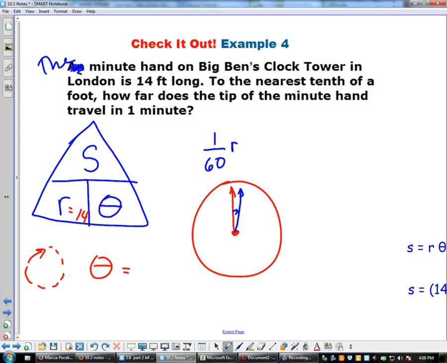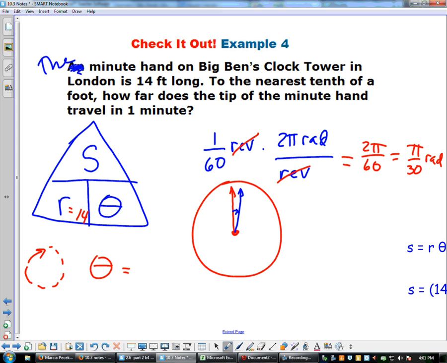All right? And we know that there are 2 pi radians in every revolution. So we've got 1/60th revolution, and times 2 pi radians per 1 revolution. The revolutions divide out, and we're left with 2 pi over 60 or pi over 30 radians.